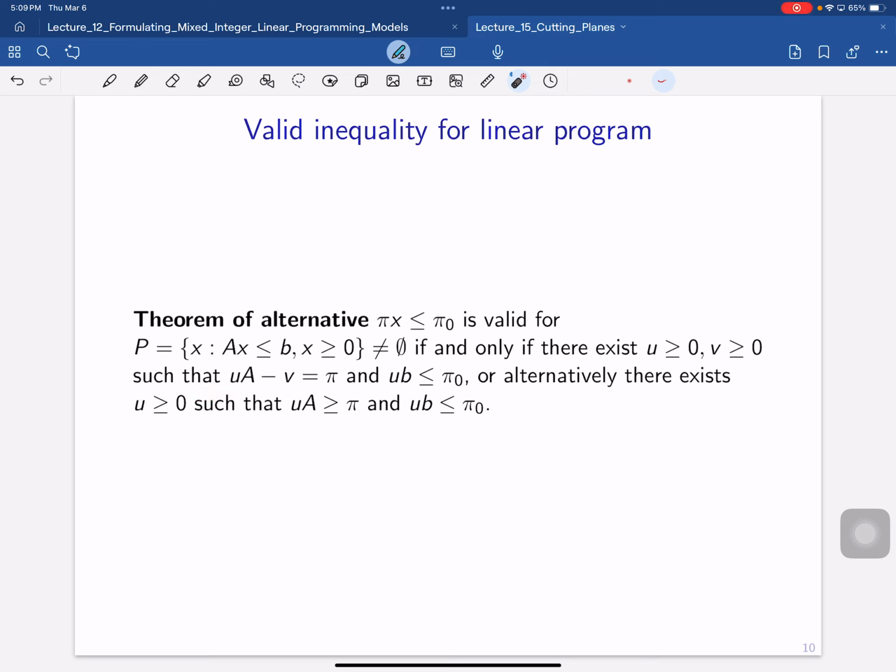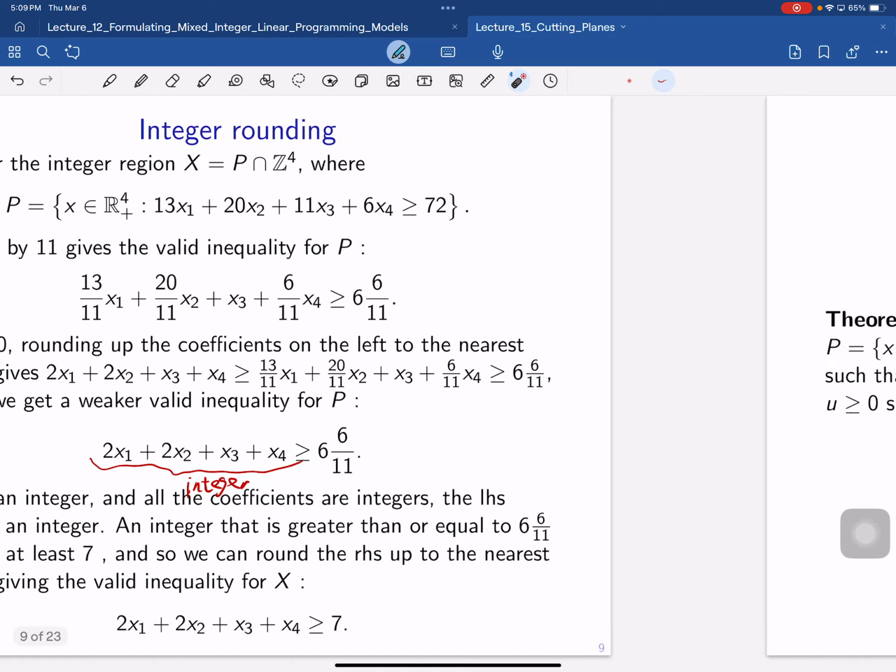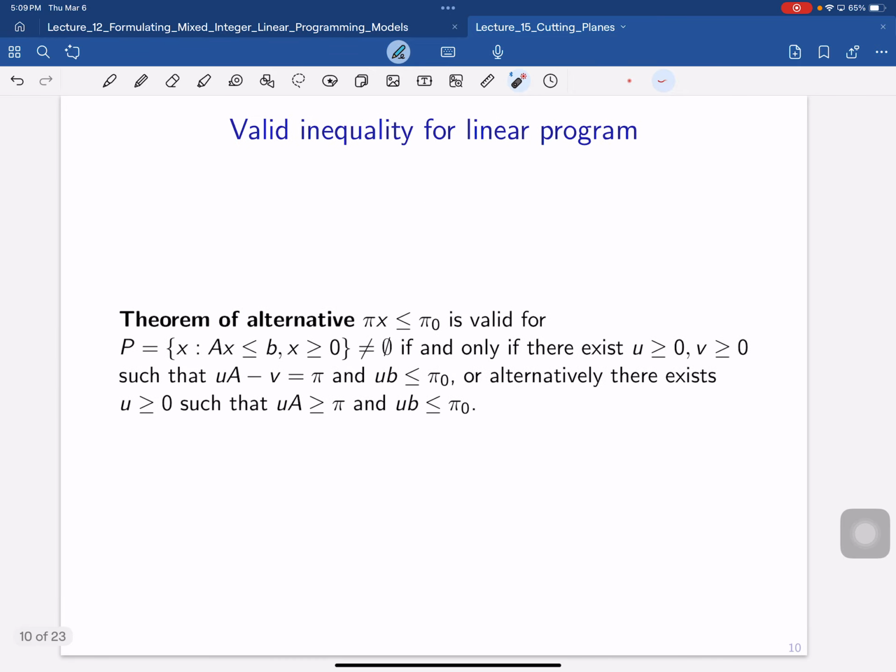Again, intuitively, it's nothing but you have some coefficients to aggregate the constraints in the original linear program. In this trivial case, you multiply them by 1/11. You can have a coefficient for each inequality in the linear program, and then you do the rounding.